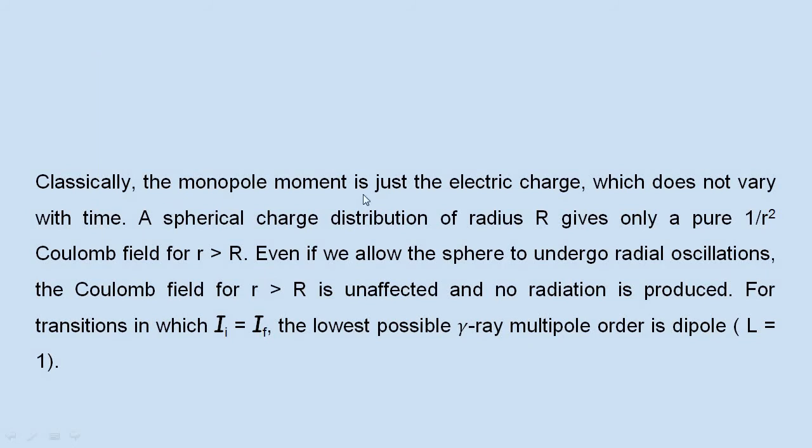Classically, the monopole moment is just the electric charge, which does not vary with time. A spherical charge distribution of radius R gives only a pure 1 by r square Coulomb field for r greater than R. Even if we allow the sphere to undergo radial oscillations, the Coulomb field for r greater than R is unaffected, and no radiation is produced.